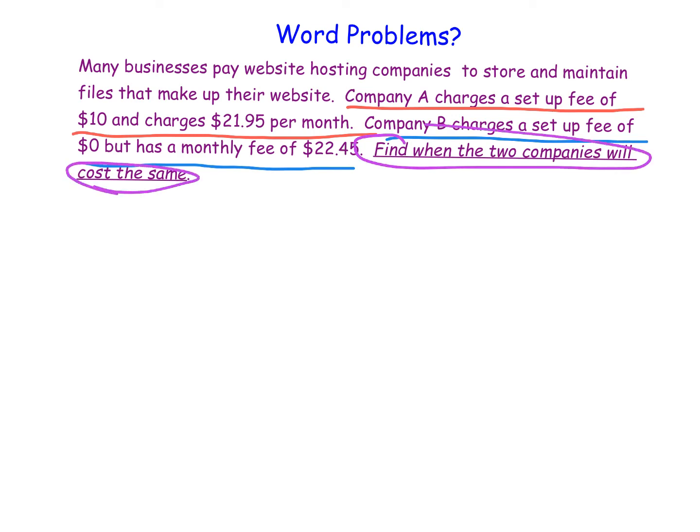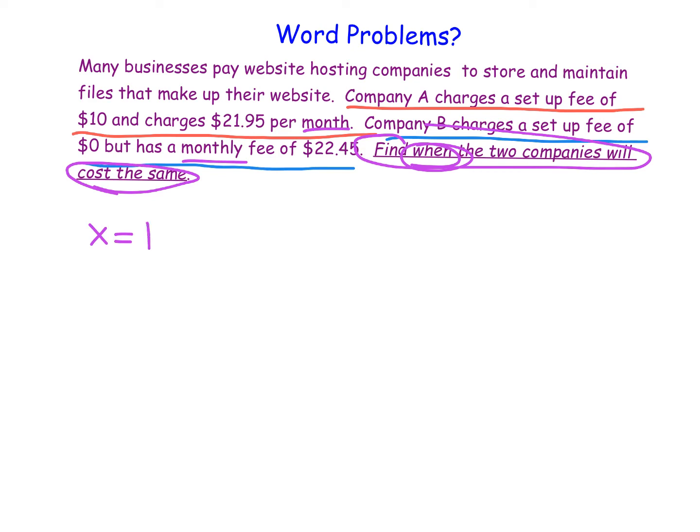So when I look at this problem, what I notice is there are 2 things that we don't know. And it's kind of hidden in that final sentence there. It says find when. Well, the when is something that we don't know. We want to know when these 2 companies will have the same cost. There's a bunch of items in here that talk about month and month. So my x here, what I don't know is when these are going to be the same, but I know there's some sort of monthly fee.